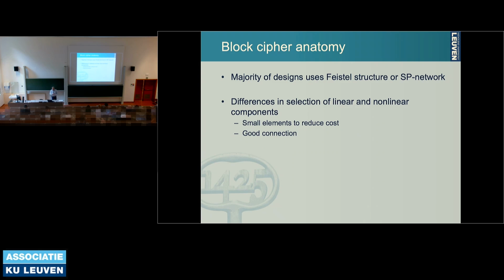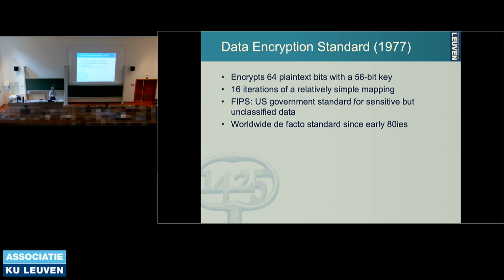Okay, then the two most important examples. One is the data encryption standard. So it works on blocks of 64 bits, and the key length is 56 bits. It uses 16 rounds.